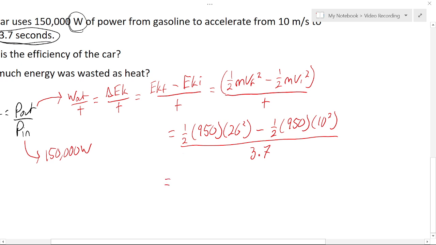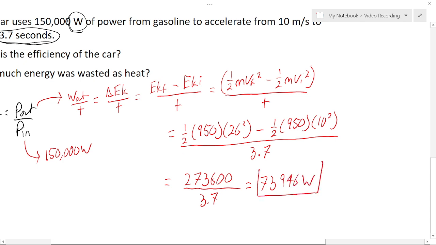And we might use this value later, so I'm going to tell you what the change in kinetic energy is. That's the top of the fraction here. This is 273,600. So that's the change in kinetic energy divided by 3.7. And that divided by 3.7 is 73,946 watts. So this is our P out, our power output.